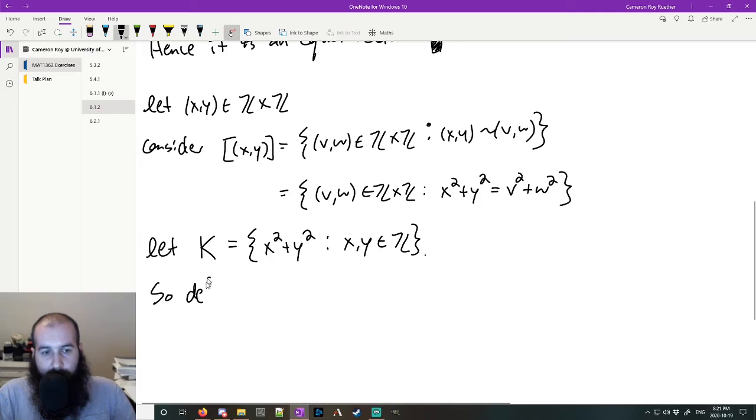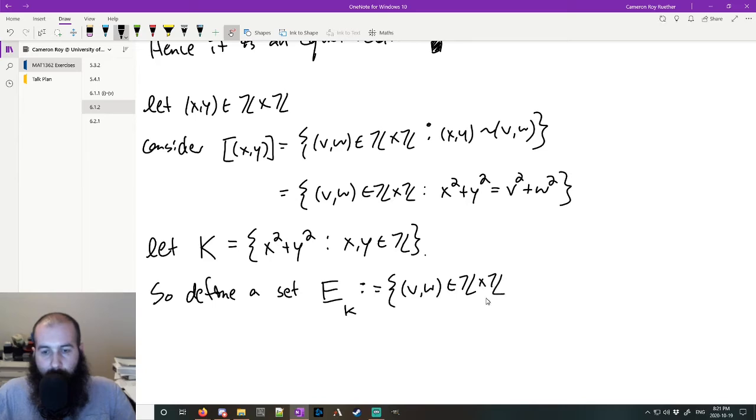So to define a set E sub small k, define this to be equal to all of the pairs vw in Z cross Z, such that v squared plus w squared is equal to k. And define this for an element k in big K. And these are all the equivalence classes. All of the elements that add up to some number which is of the form x squared plus y squared.